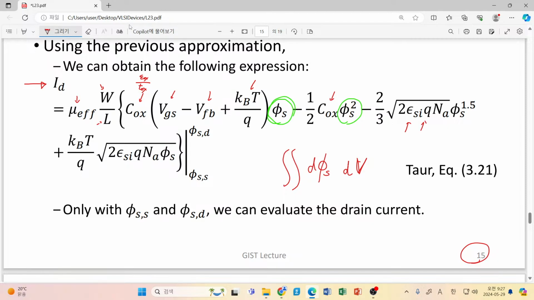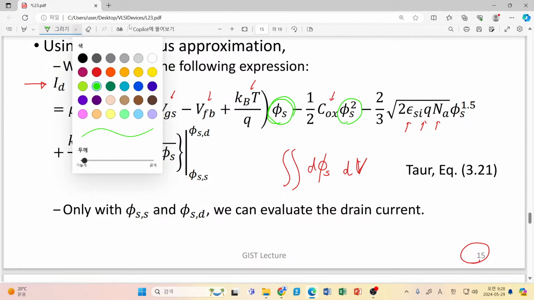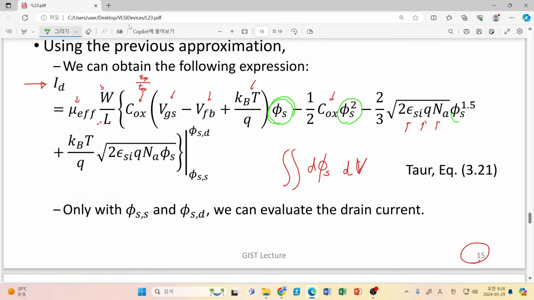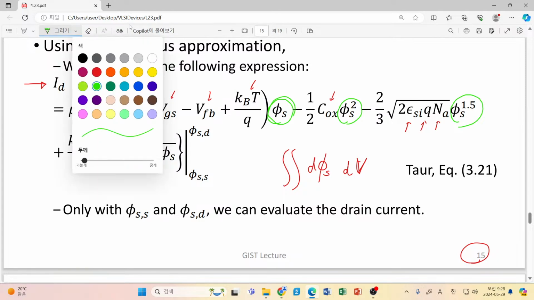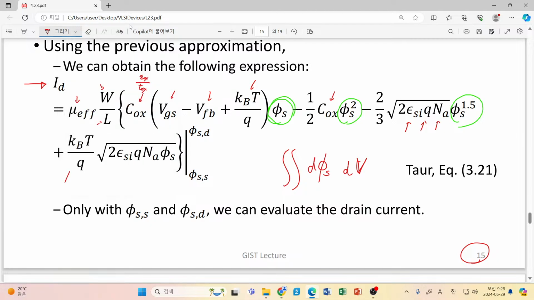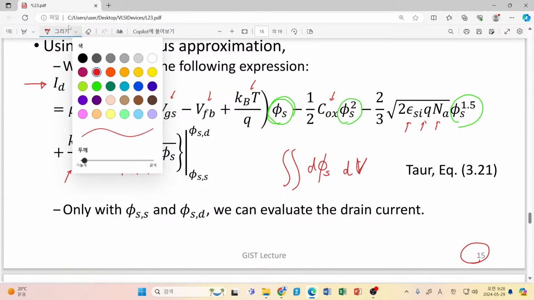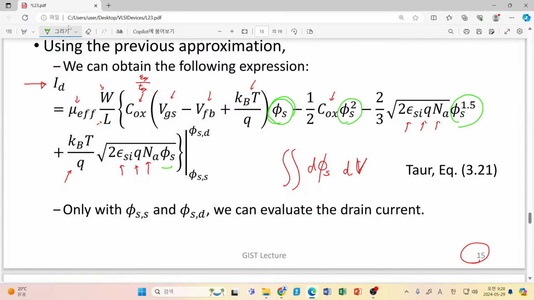Q is just a universal constant, and this is a doping concentration, so you know it. And how about this phi? It's power 1.5. Yes, once you know surface potential, you can calculate it. Others are also the same. So this is the thermal voltage once again, permittivity, Q, Na, everything is just known. And here we have phi s.